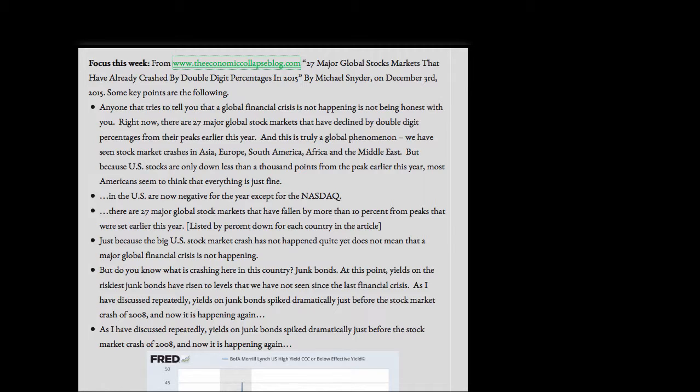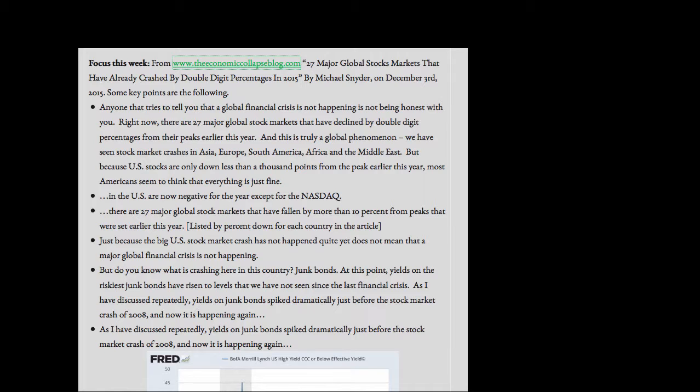Right now, there are 27 major global stock markets that have declined by double-digit percentages from their peaks earlier this year. And this is truly a global phenomenon. We have seen stock market crashes in Asia, Europe, South America, Africa, and the Middle East. But because U.S. stocks are only down less than 1,000 points from the peak earlier this year, most Americans seem to think that everything is just fine.